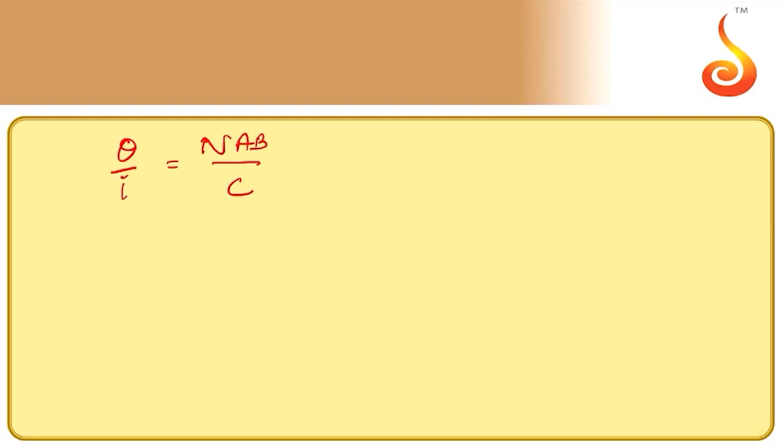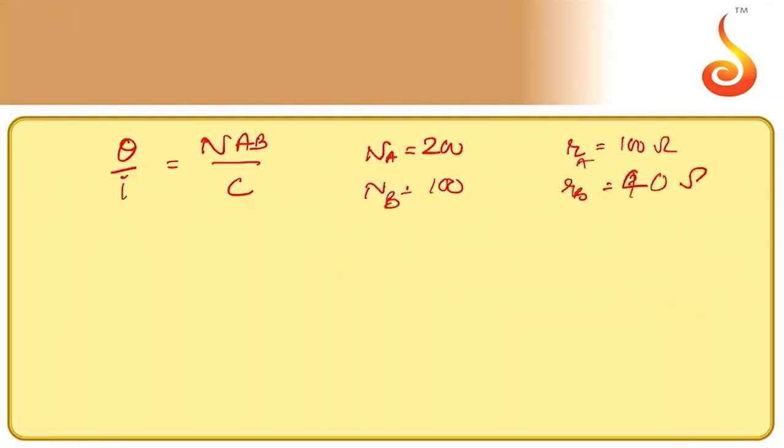Now, what are all the things that are different here? The things that are different are number of turns. For A is 200 and that for B is 100. And the resistance is 100 ohm and the resistance of the B is 40 ohm.